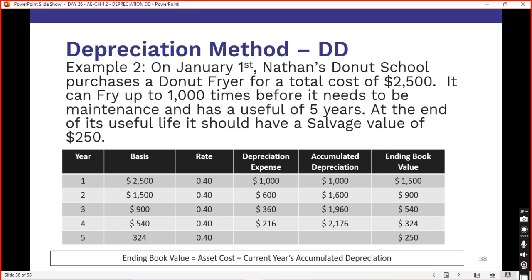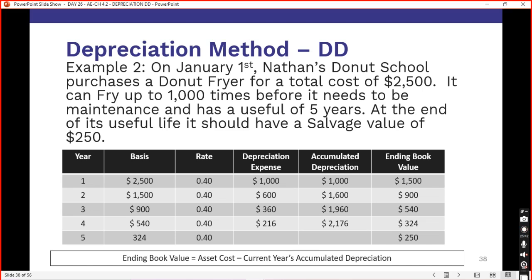So here, right, we know for a fact that book value needs to equal 250. The formula to solve for ending the year book value is asset cost minus current year's accumulated depreciation. Well, we were given your book value and you already know what your asset cost is because it's one of the components that you had to look for. So therefore, plug it in.